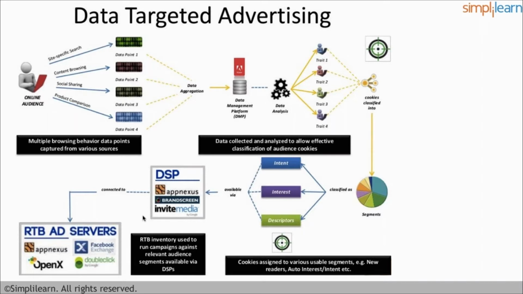This works primarily for display campaigns, video campaigns, campaigns on mobile apps, banner ads and so forth. The real-time bidding inventory is used to run campaigns against whatever audience you're looking at. That's the entire process.